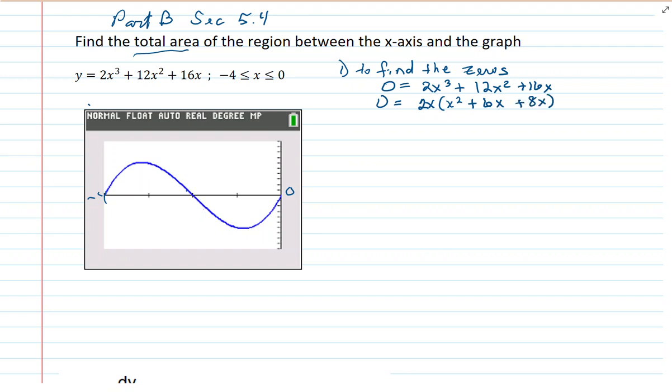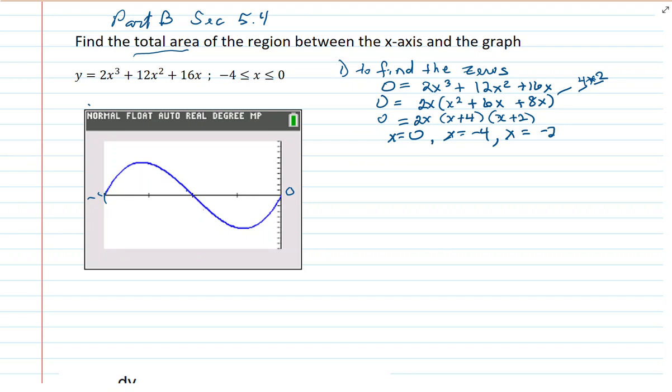Then I notice that 4 times 2 is 8, and if I add 4 and 2, I get 6 in the middle. So the factors give x equals 0, x equals -4, x equals -2. We'll make those zeros happen.